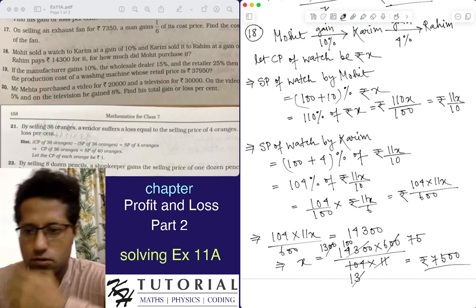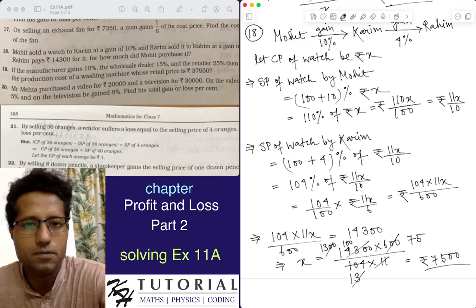Okay, so 7500 is the cost price at which Mohit purchased it.